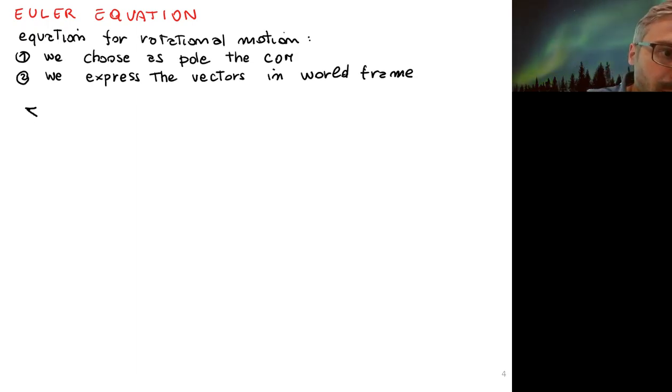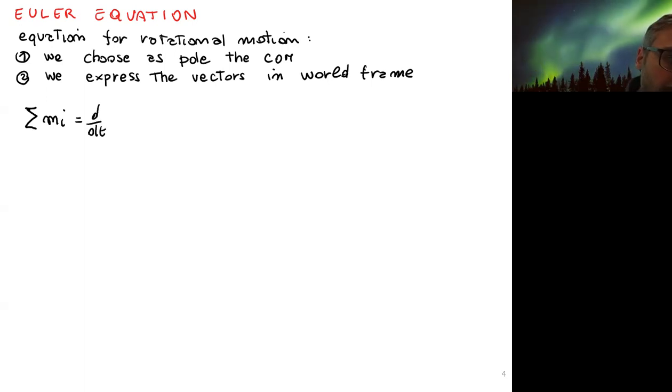Then the Euler equation says that the sum of the moments applied to the rigid body is equal to the variation in time of, not the linear momentum, but of the angular momentum, which is the tensor of inertia times omega.